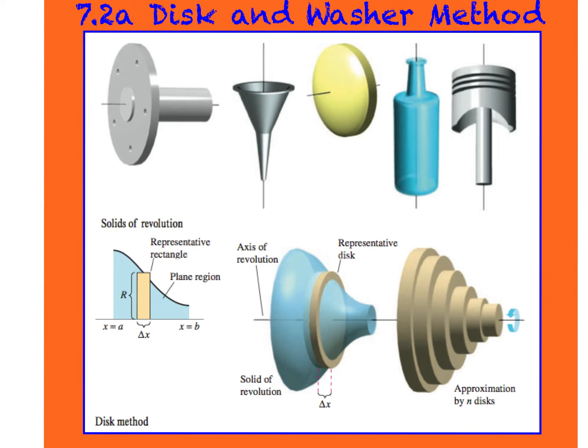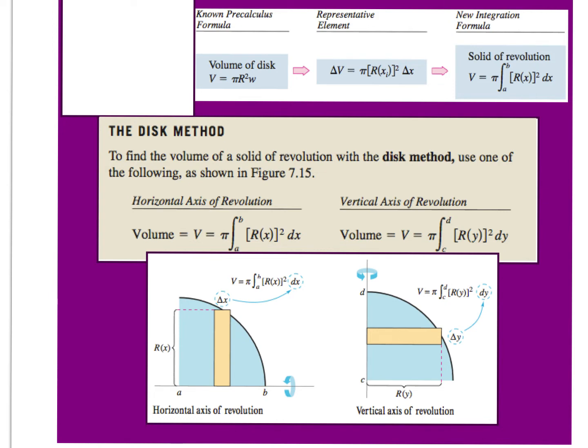So this is as easy as finding an area of a circle. So how do I find an area of a circle? Pi r squared. Exactly. So the area of a circle is pi r squared. And what we're going to be doing is taking a bunch of areas of a circle and stacking them on top of one another.